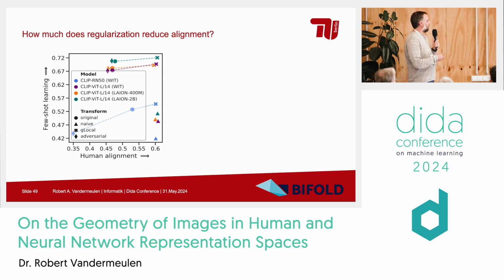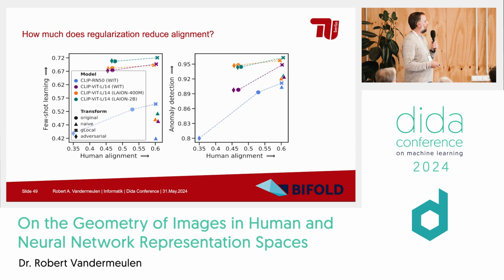Don't worry about adversarial for right now. Naive all perform poorly on few shot, but they are just slightly more aligned than the original. And we can see that global is almost as well aligned as the naive probing, but not just slightly worse. And we get something similar for anomaly detection.